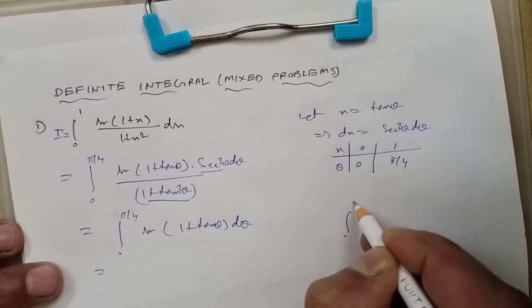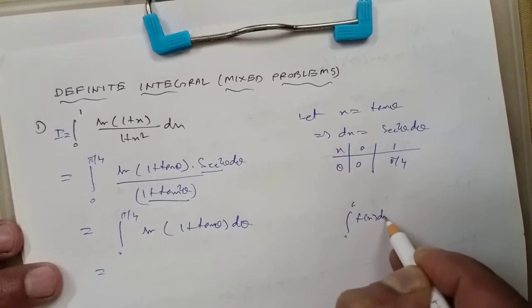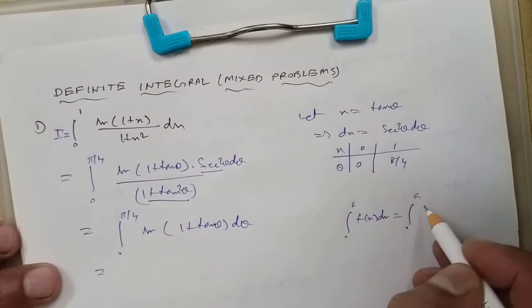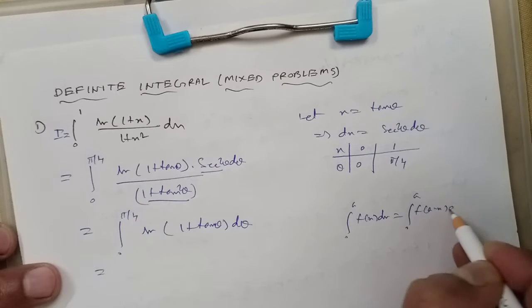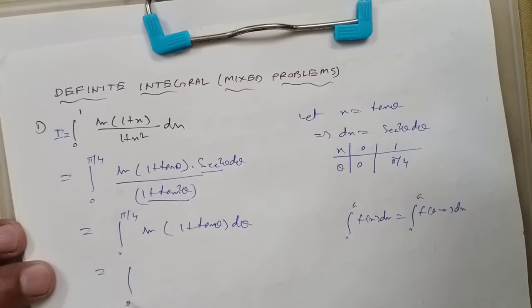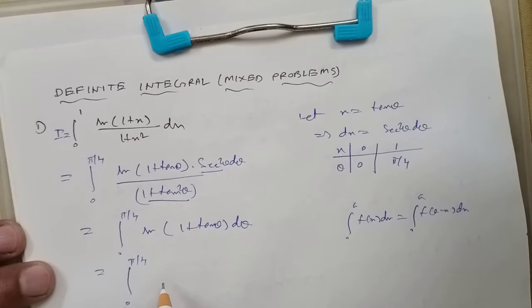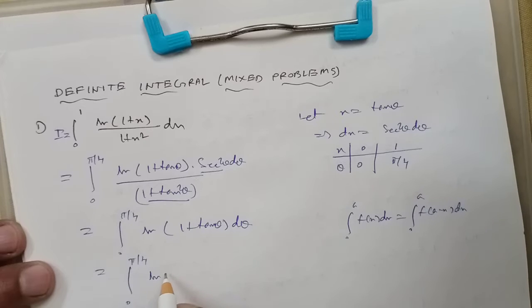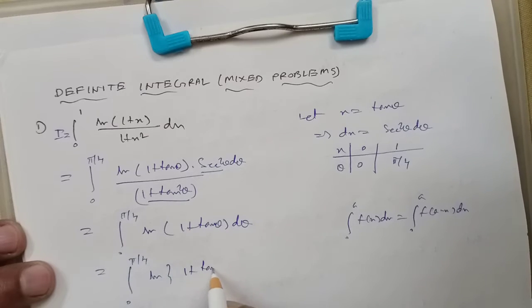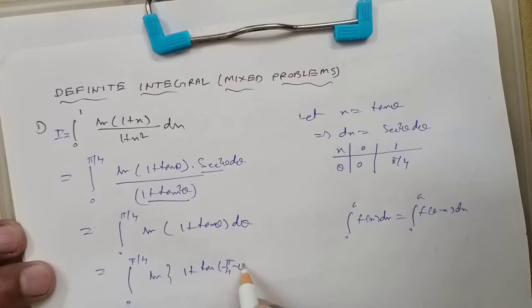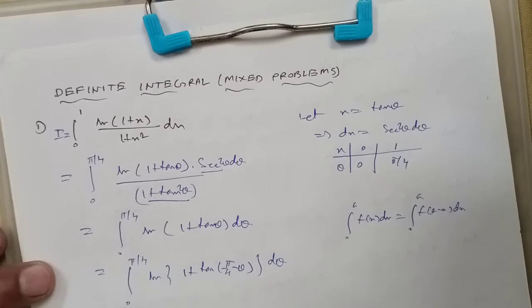Property 4 is 0 to a f(x) dx is equals to 0 to a f of (a minus x) dx. Here a is pi by 4, so we have to replace theta by pi by 4 minus theta. Ln of 1 plus tan of (pi by 4 minus theta) d theta.